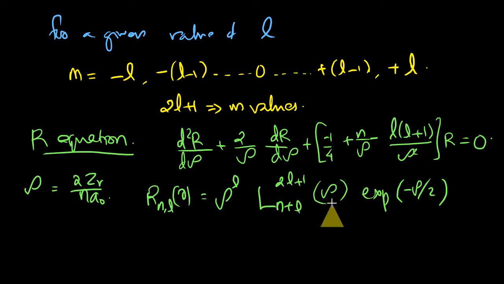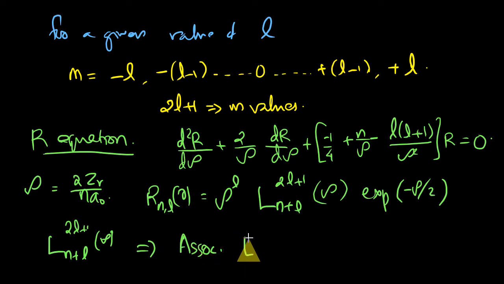And here we had a polynomial, that is L n plus L, 2L plus 1 of rho. This polynomial is the associated Laguerre polynomial. We already learned this, right? Associated Laguerre polynomial, and we already learned the nature of the associated Laguerre polynomial.